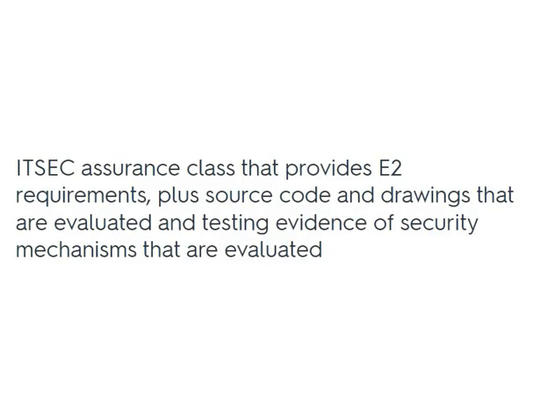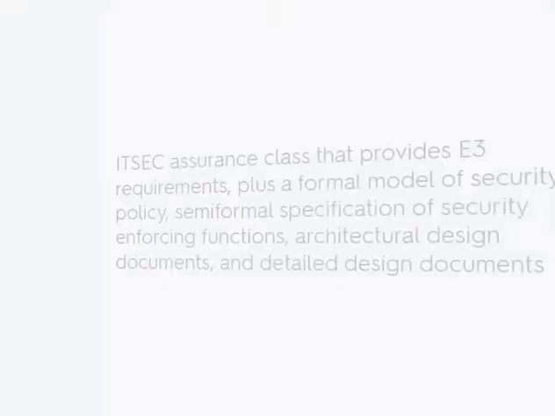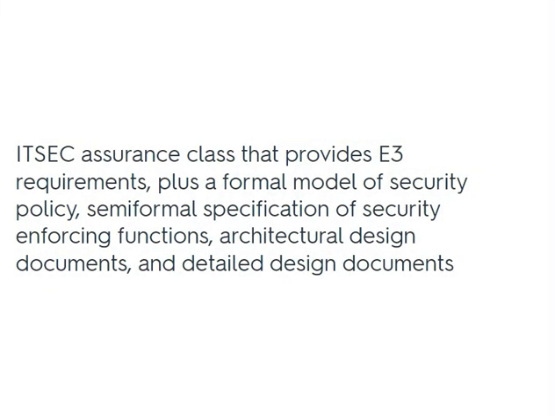ITSEC assurance class that provides E2 requirements plus source code and drawings that are evaluated and testing evidence of security mechanisms that are evaluated. E3. ITSEC assurance class that provides E3 requirements plus a formal model of security policy, semi-formal specification of security enforcing functions, architectural design documents, and detailed design documents.